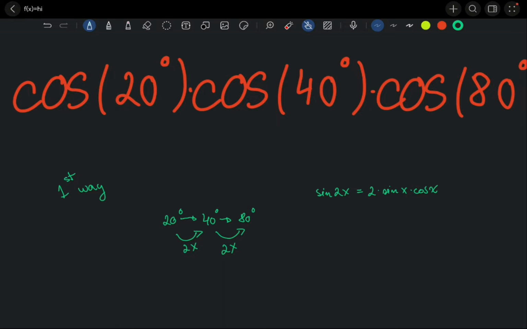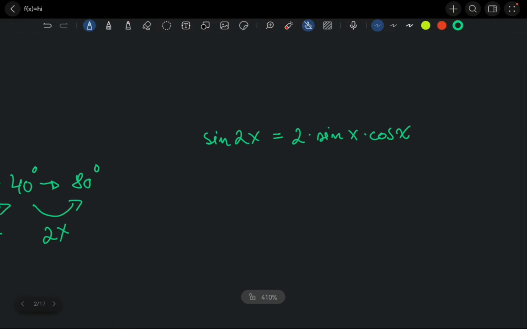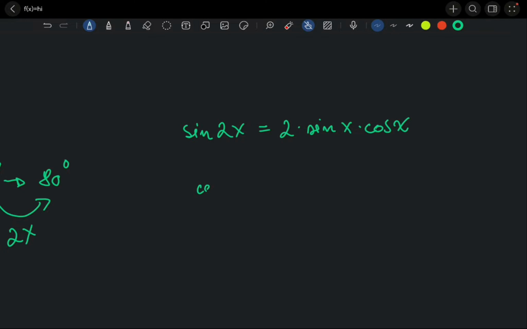Now let's look back at our problem. So we had cosine of 20 times cosine of 40 times cosine of 80 degrees. We see a cosine of 20. To use the double angle formula for sine, we have to multiply the entire product with 2 times sine of 20. But for not changing the problem, we also need to divide by 2 times sine of 20 degrees.